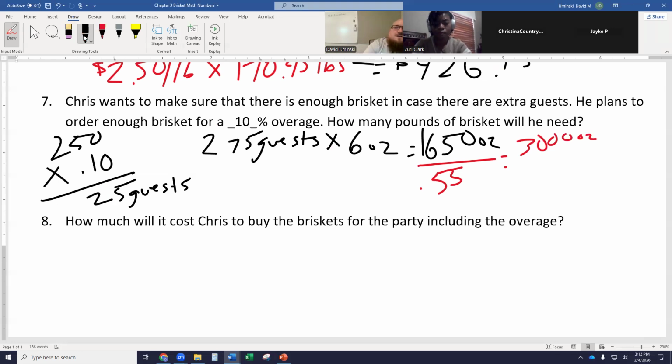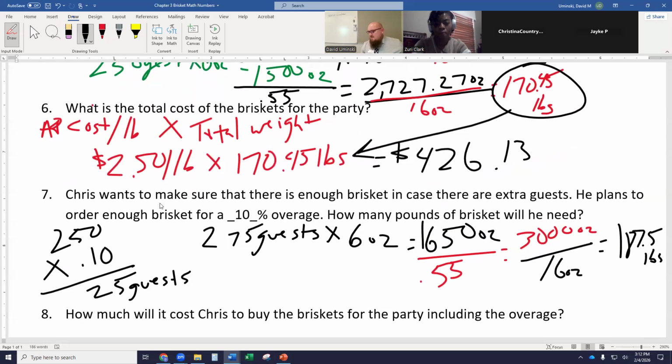And then I want to divide by 16 to get my as purchased in pounds. So 187.5 pounds. Okay. Now you could have just taken 170.45 and added 10% to that.